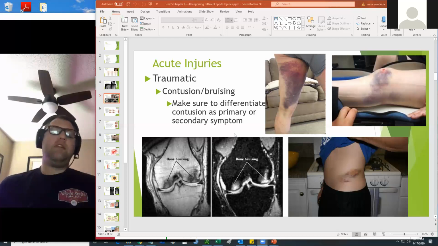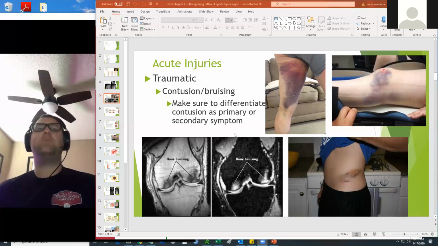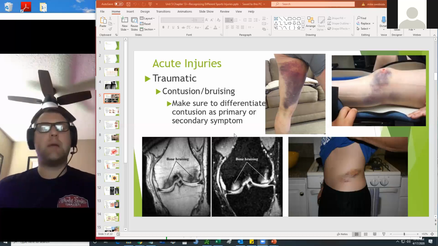If I can rule out after getting punched in the stomach that nothing else has happened, so no other internal injuries, my organs are all fine, that would mean that the contusion is my primary symptom, meaning that I just have really superficial blood vessel damage.